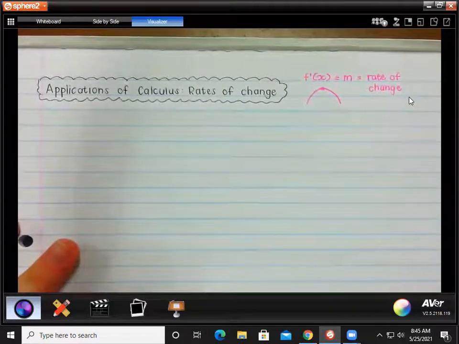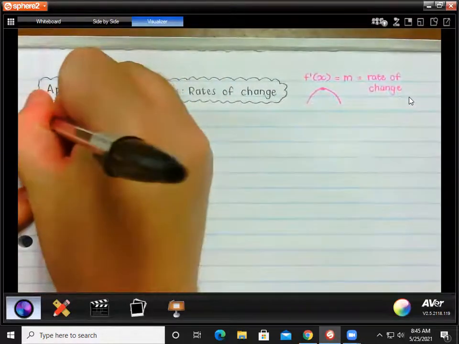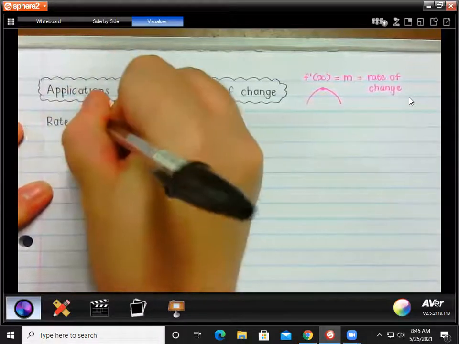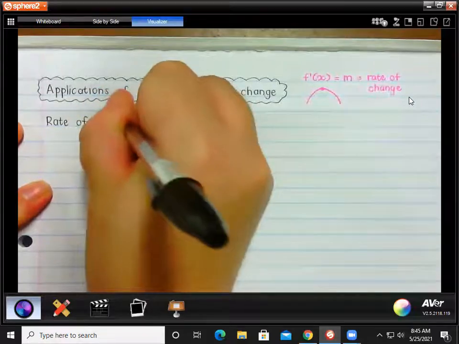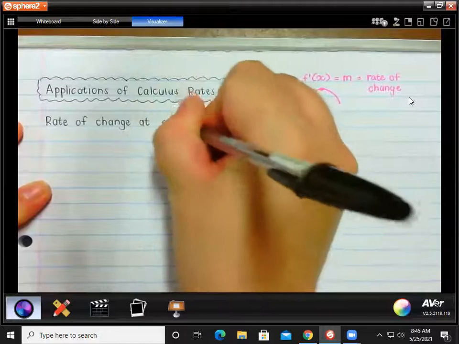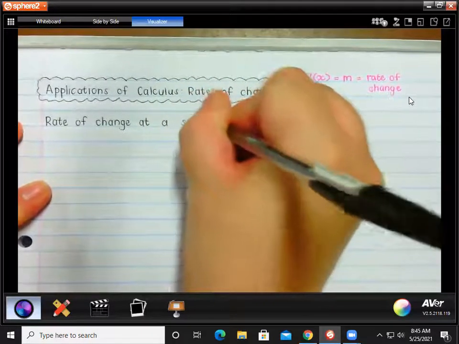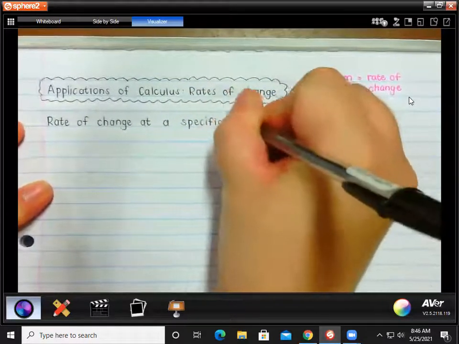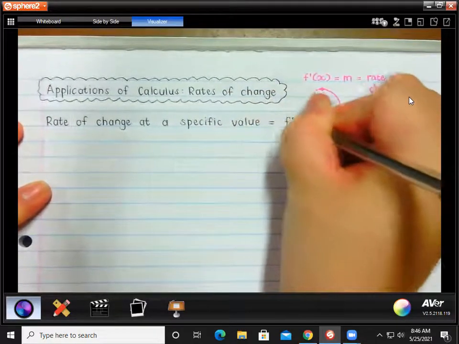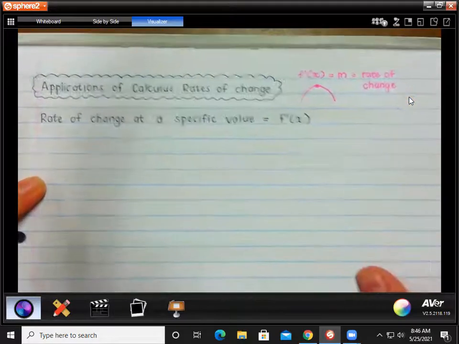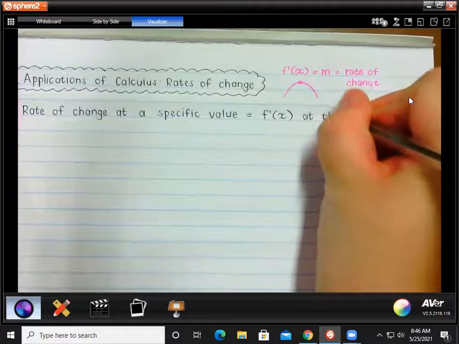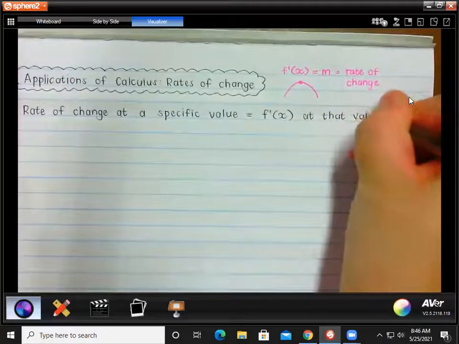So let's just write here, rate of change at a specific value is equal to f dash x, the derivative, at that value.